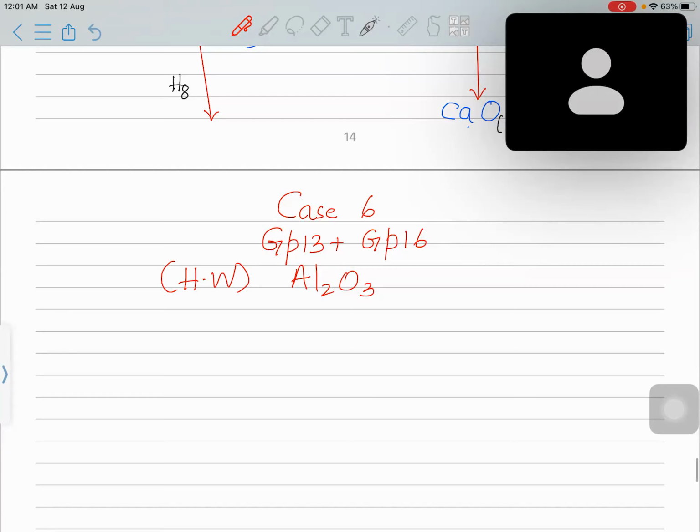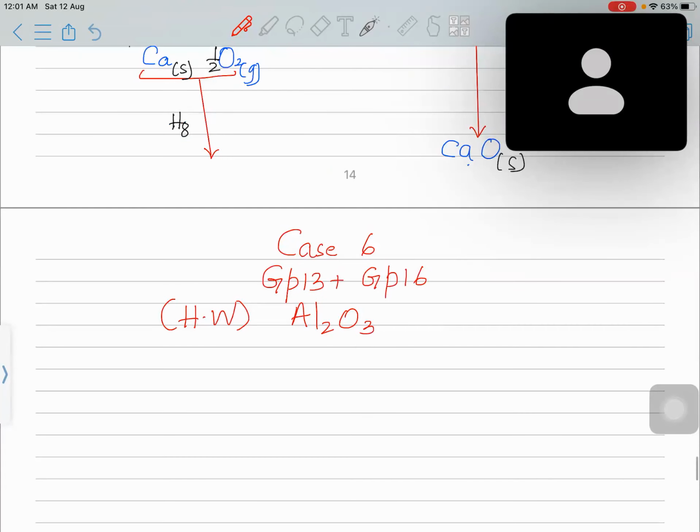Ayla, do you have any question? Sir, about the repulsion between the oxygen and the electron. Now listen, oxygen has negative charge and electron has negative charge. So when you give an electron to negatively charged oxygen, they repel each other. It is very difficult for oxygen to accept this electron because of the repulsion.